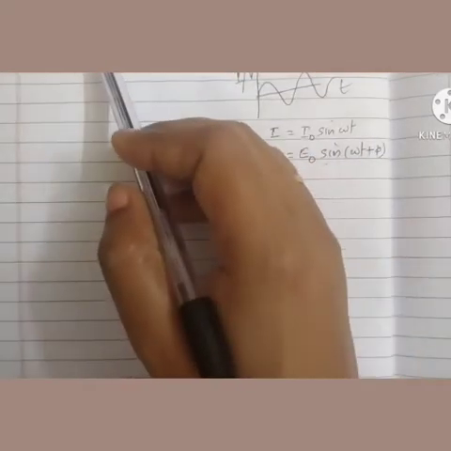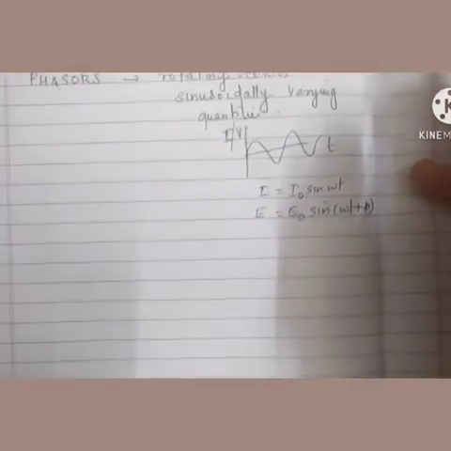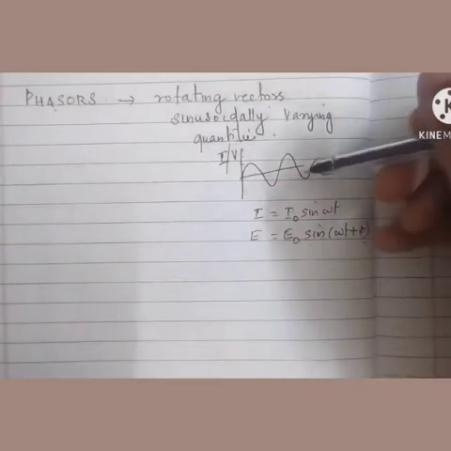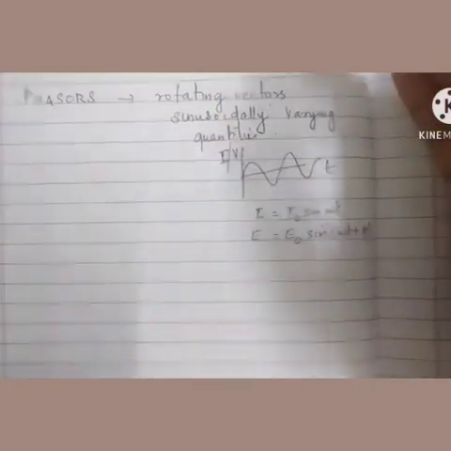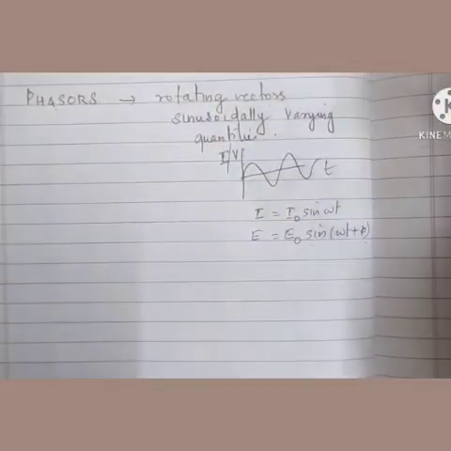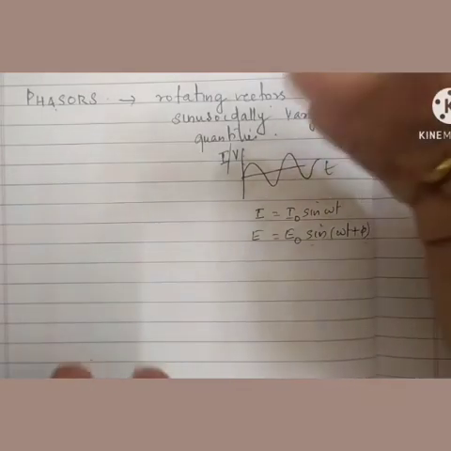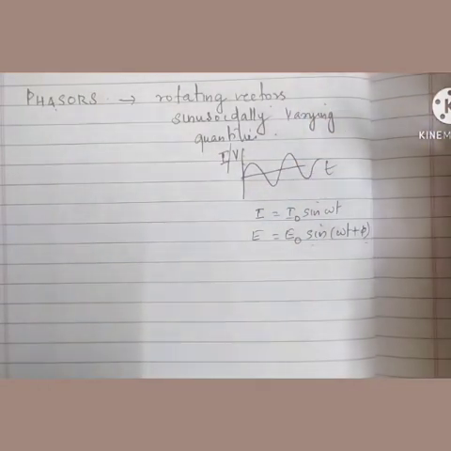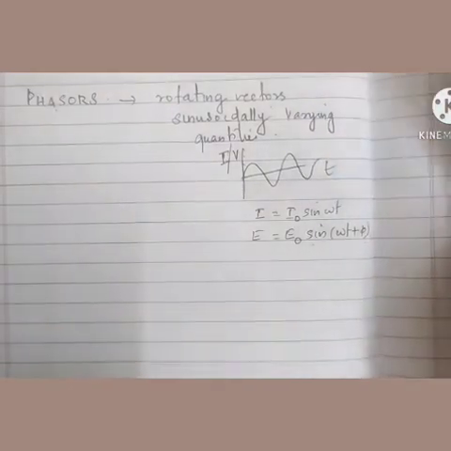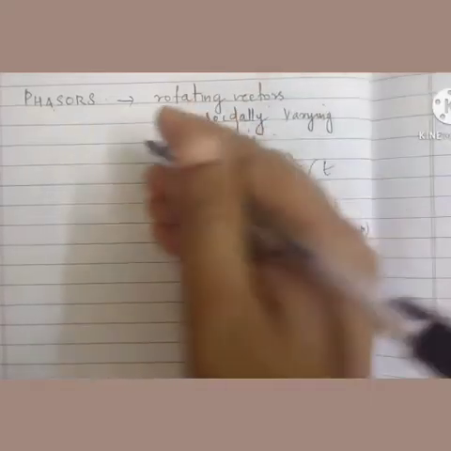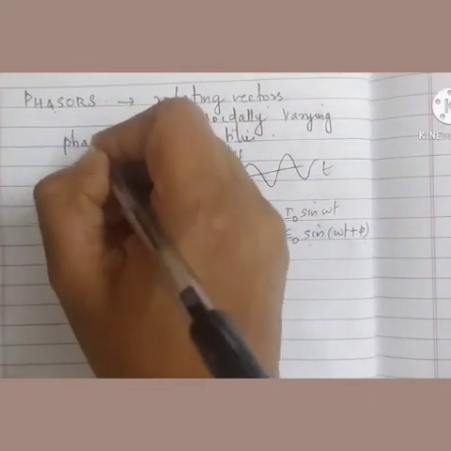So in a phasor diagram, we will use phasors which we call the rotating vectors, and the angle between these phasors, that is for EMF we will use a phasor, then current we will use a phasor. So there will be a phase difference. If there is a phase difference between the current and EMF, it can be represented with the help of phase angle.